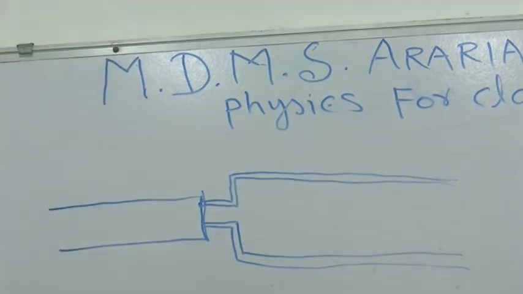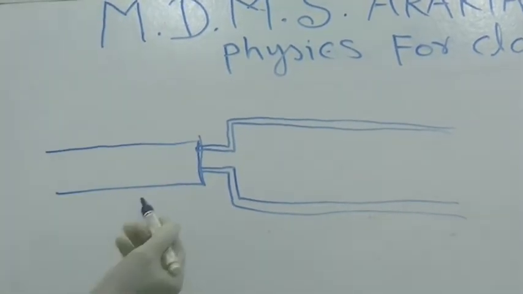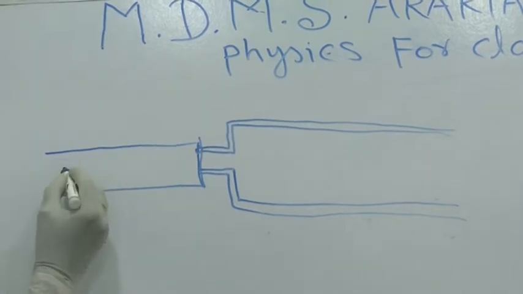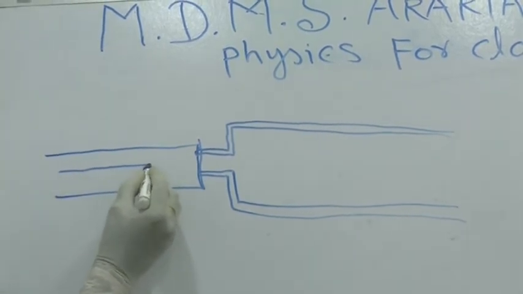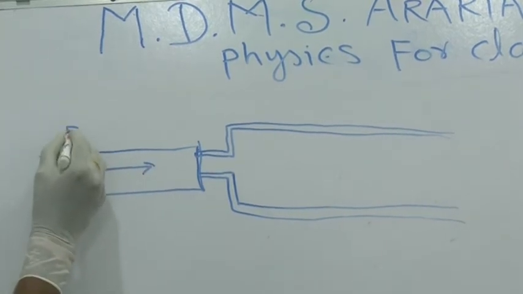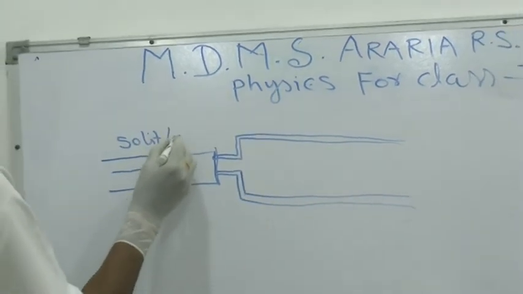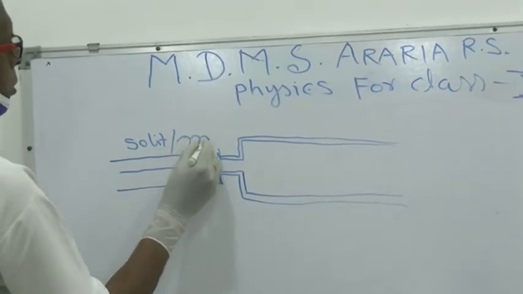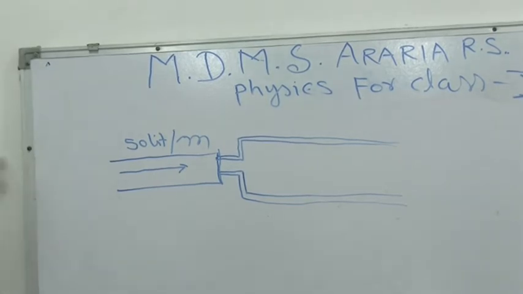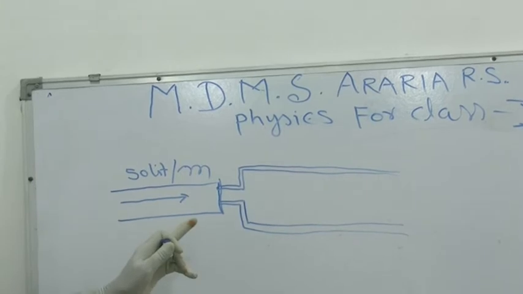And the diameter or radius of the pipe is similar. In this pipe, the rate of flow of water is 50 liter per minute. Suppose 50 liter water is flowing in this pipe per minute.